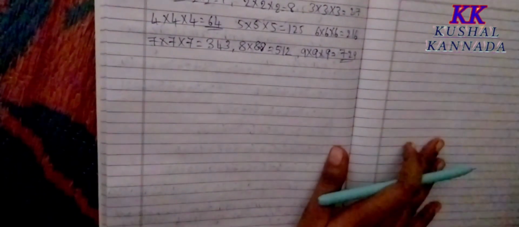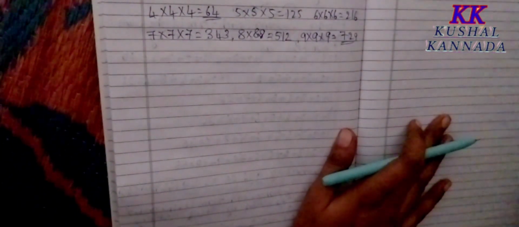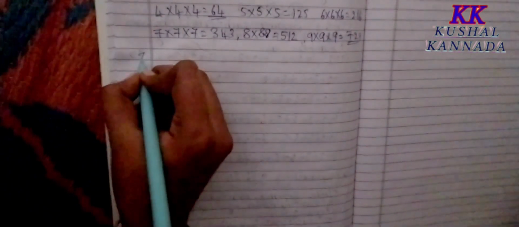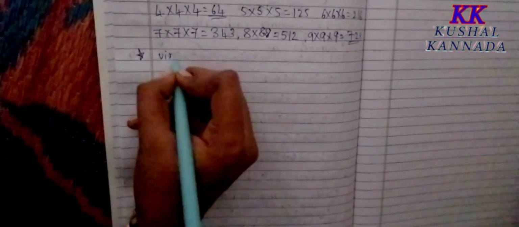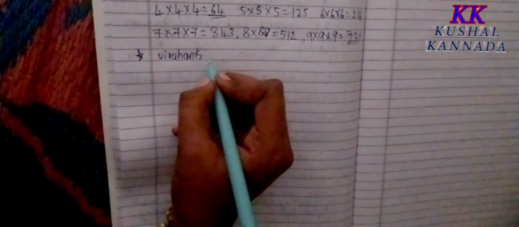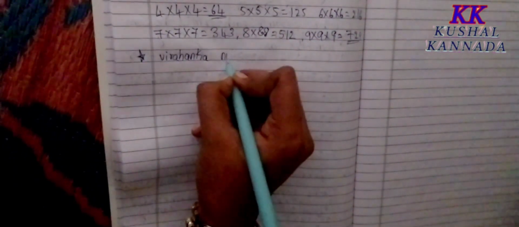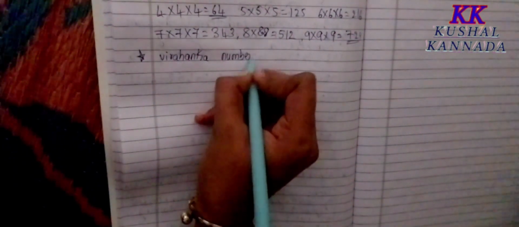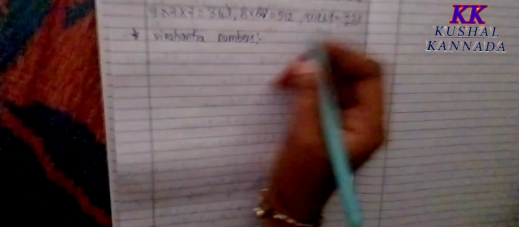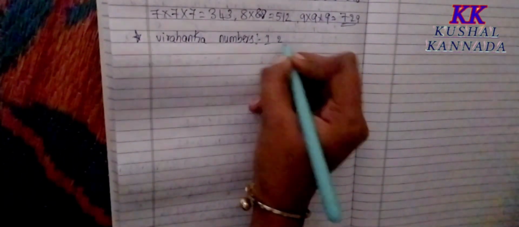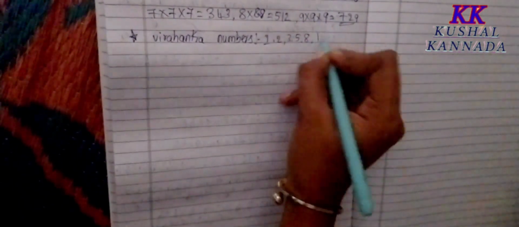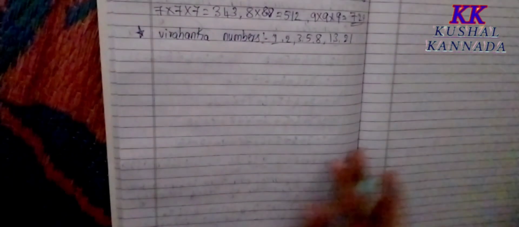Cube sequence is finished. Next, Virahanka numbers. 1, 2, 3, 5, 8, 13, 21.